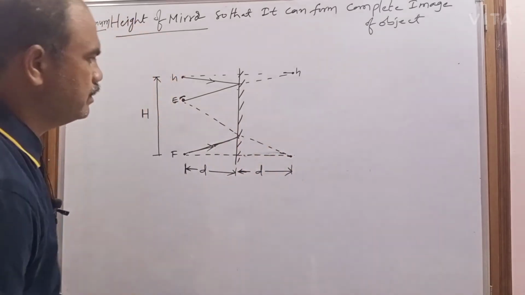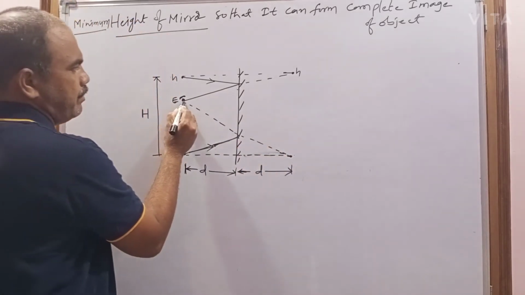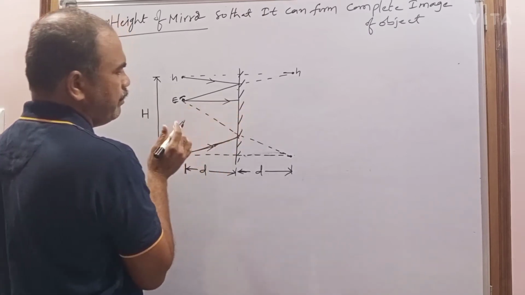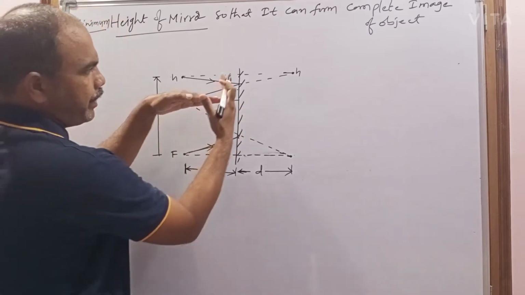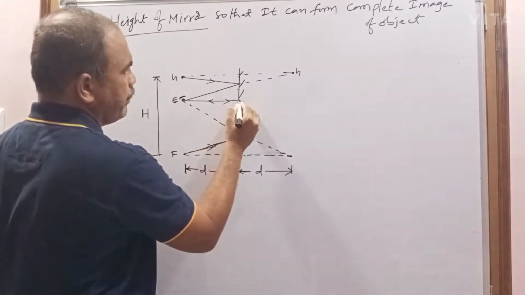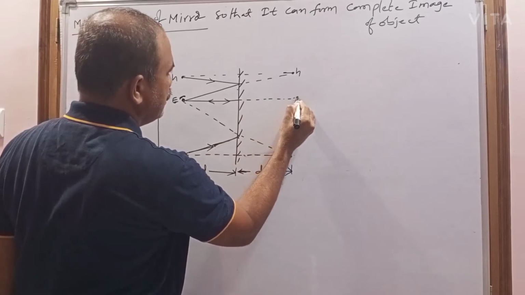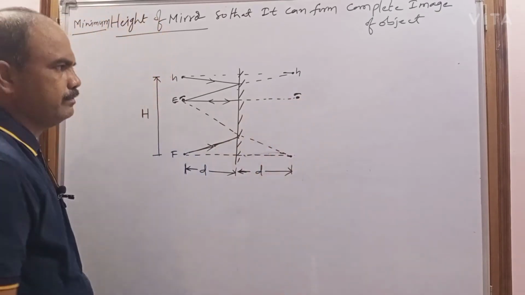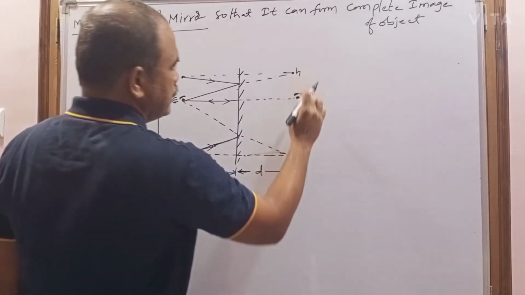So imagine a ray coming from the human eye is incident exactly perpendicular, that is i equal to 0, then r is also 0, but it appears to be coming from this place. Now consider this is the person's eye image formed here. This is the same height.